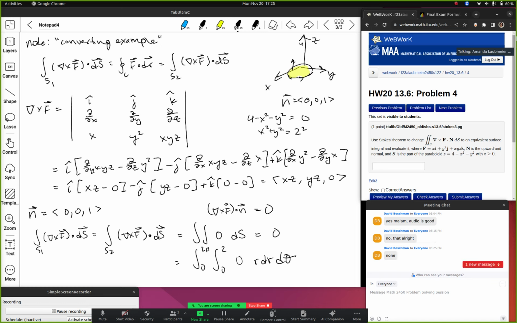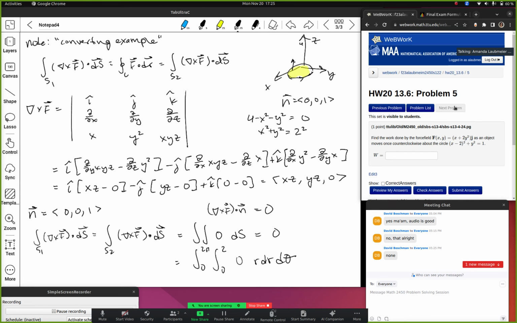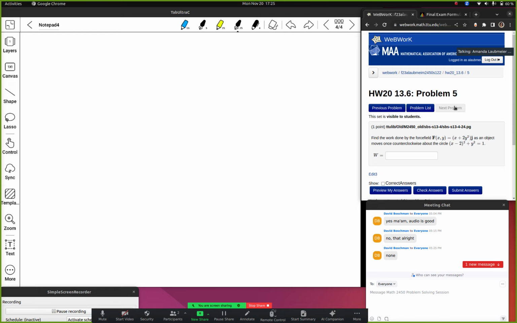All right. And then the last request was to look at problem 5, which asks us to find the work done by the force field F as an object moves counterclockwise around that circle.